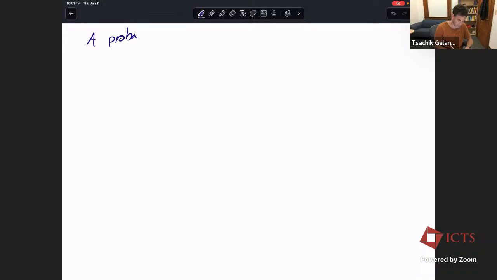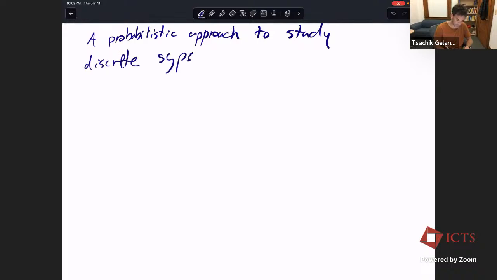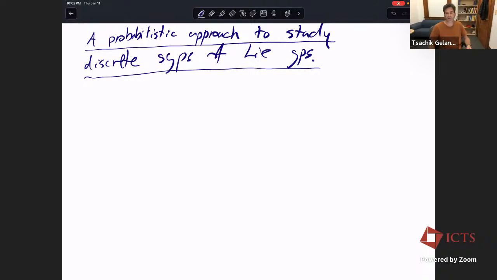So my talk is about a probabilistic approach to study discrete subgroups of Lie groups. We got used to applying randomness in mathematics in general, and we are familiar with the benefits of studying random objects.